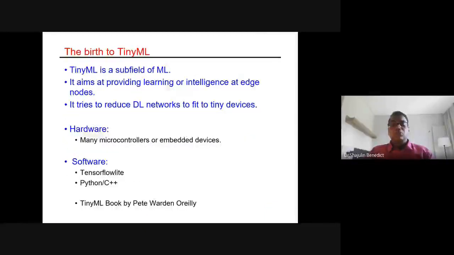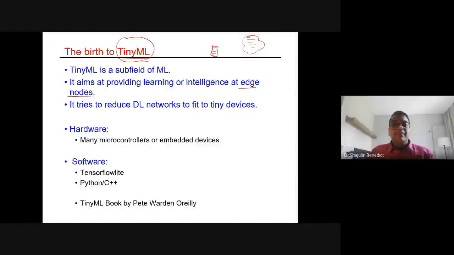So to make the edge work properly, there is a concept of TinyML, right? TinyML is bringing the intelligence towards edge nodes. So instead of running machine learning, deep learning, and all learning algorithms on the cloud, now we try to bring the intelligence directly near to the edge.